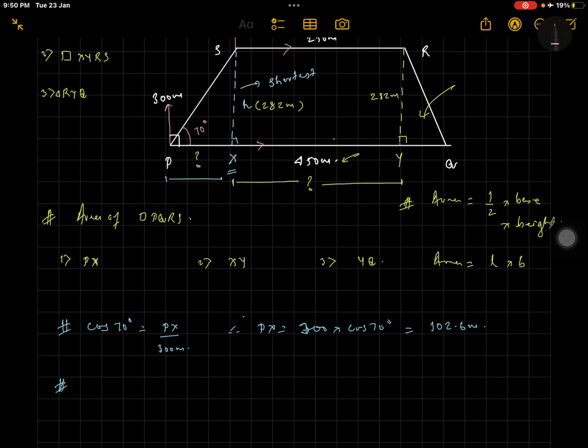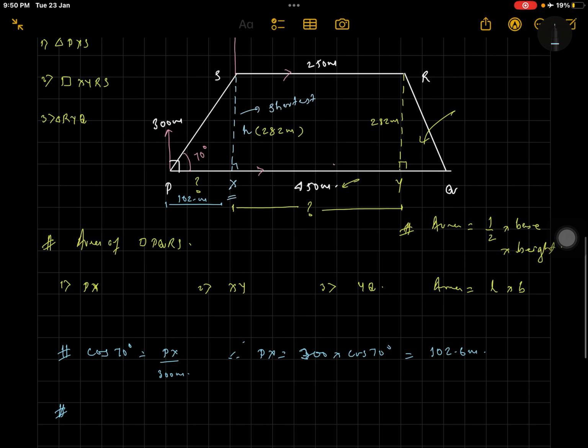Let me resolve the second problem, that is to find XY. I already have found PX to be 102.6. Let me just write it in the clutter, it may help us a little. Now if you notice, SR, this length up over here, is 250 meters.